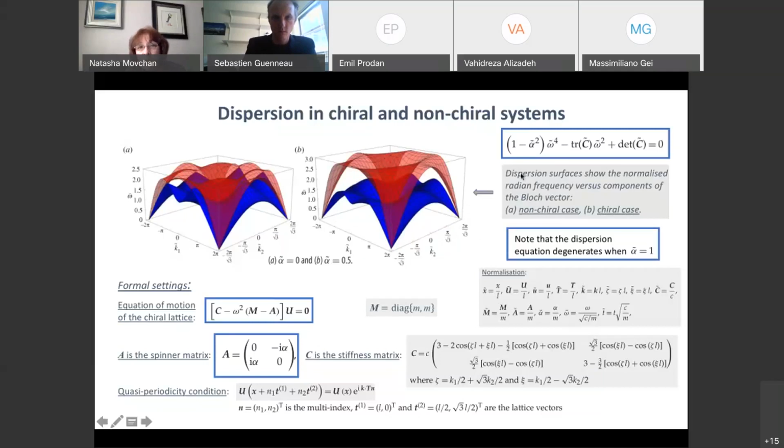And the interesting thing associated with this dispersion relation, which accounts for the effect of gyroscopes, is that this dispersion equation degenerates when this normalized parameter alpha is equal to 1, because this first term disappears. A consequence of that is that one of the dispersion curves is no longer there. Let us have a look at the next slide.